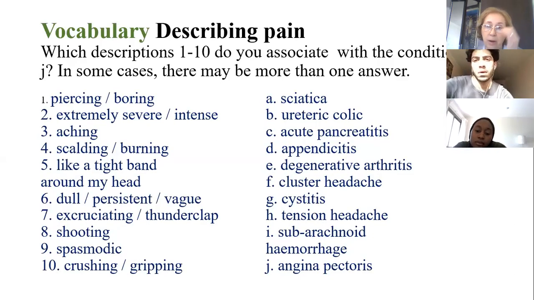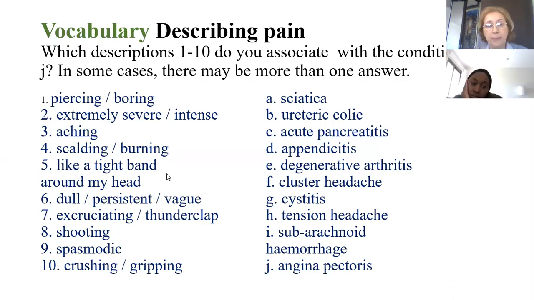And here is a rather hard task. These are the words that a patient can use while describing his or her pain. To the left, we can see the words. Most of them are adjectives used to describe the character of pain, like piercing, boring, extremely severe, scalding, burning, dull, and so on.